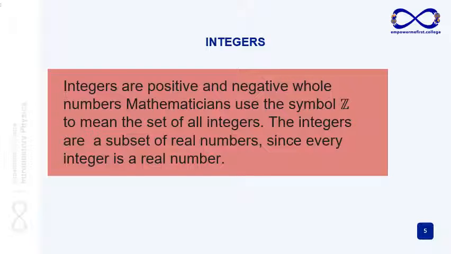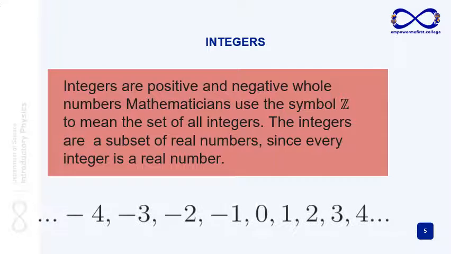Remember, in our previous lesson we spoke about real numbers, and we said real numbers are negative and positive numbers, though they also possess some fractions and other types of numbers. So integers are a subset of real numbers.